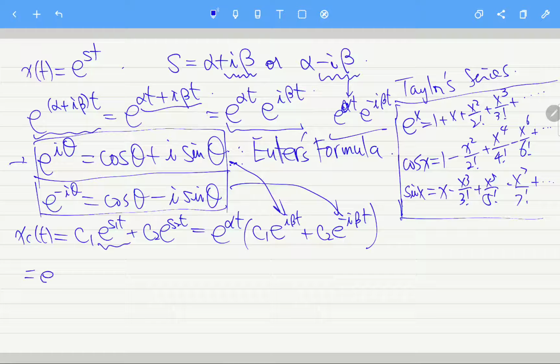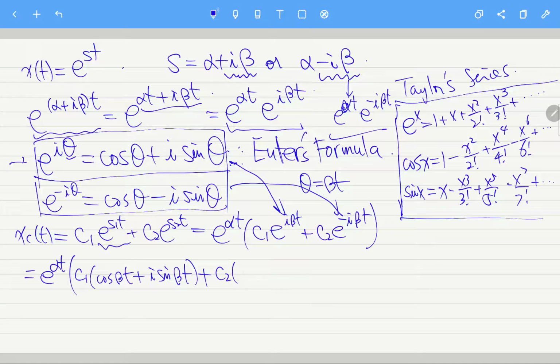So we will have exponential to alpha t, and then c1 cosine beta t plus i sine beta t, and then plus c2 cosine beta t minus i sine beta t. Of course, here theta is beta t, because we have exponential to i beta t. So we just substitute theta by beta t.